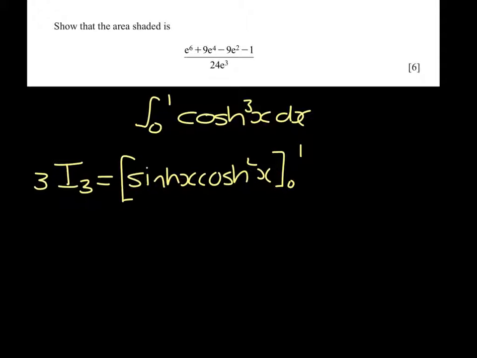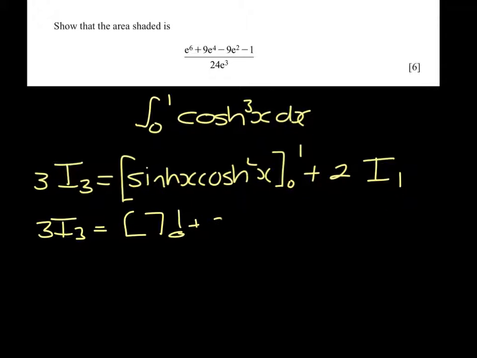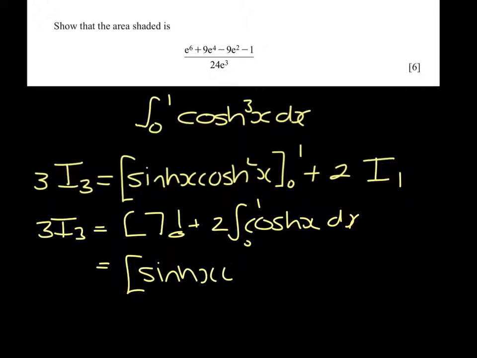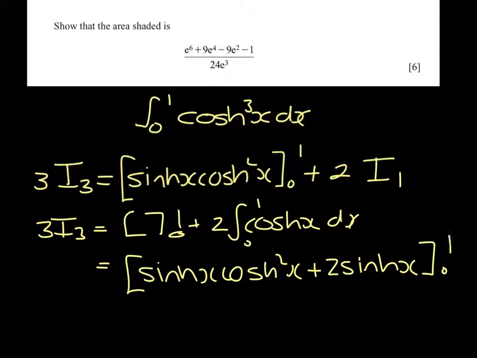Sorry, 3 I3 equals, plus n minus 1 I n minus 2. So 3 I3 is going to equal our square brackets plus 2 times the integral of cosh from 0 to 1. The integral of cosh is sinh, so that gives us inside square brackets sinh x cosh squared x plus 2 sinh x, all to be evaluated from 0 to 1.